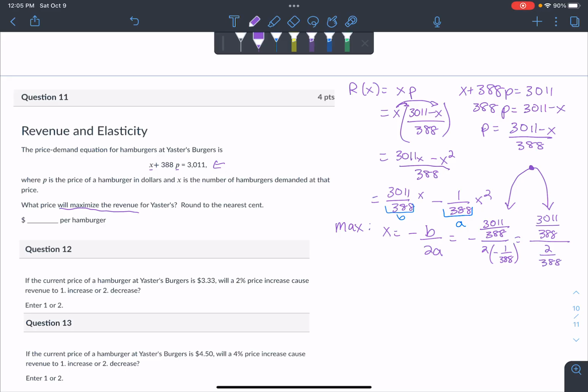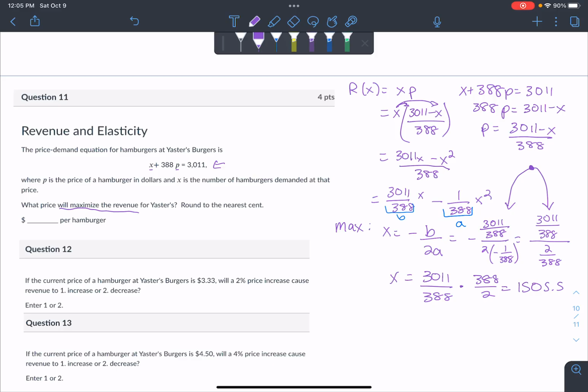And then recall, when we have one fraction divided by another fraction, we can change that to multiplication and flip the second fraction that's doing the dividing. And so I get 1505.5. This is our x that creates the maximum.